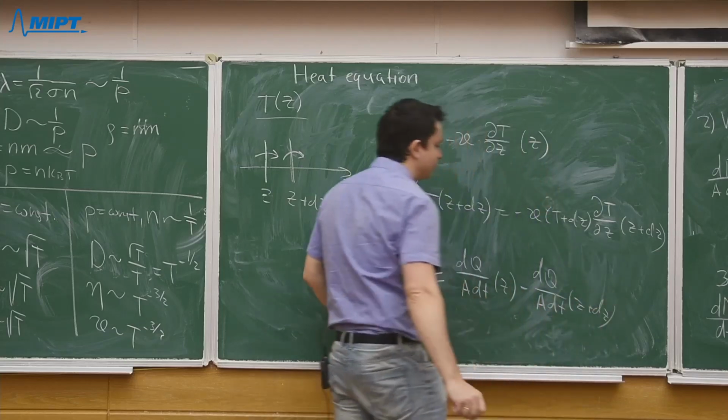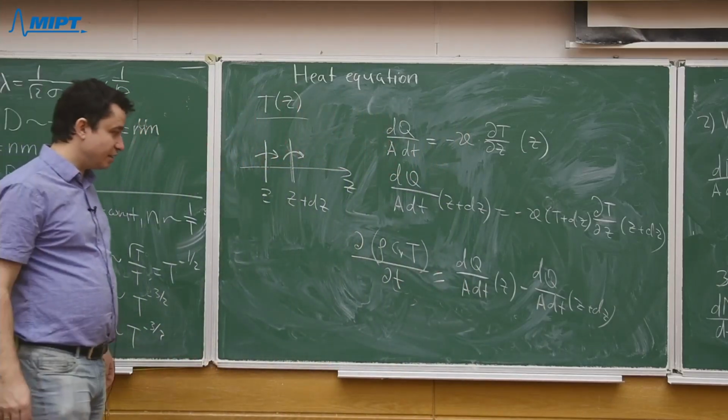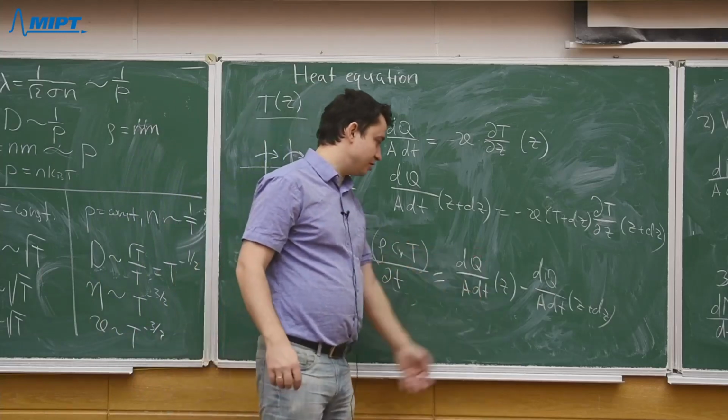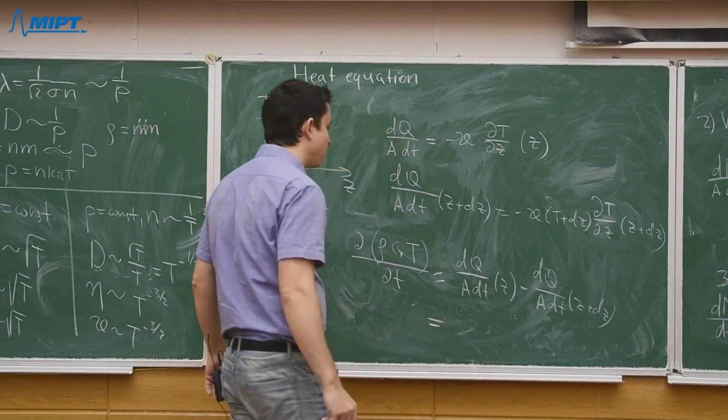And again, once my dz is essentially small, then I can write this as a product of the derivative times dz. And of course, I need to get the minus sign here.